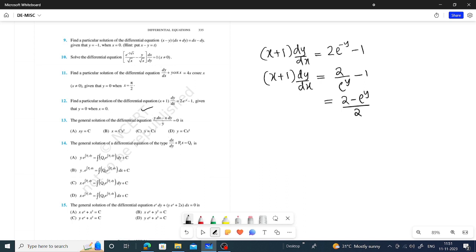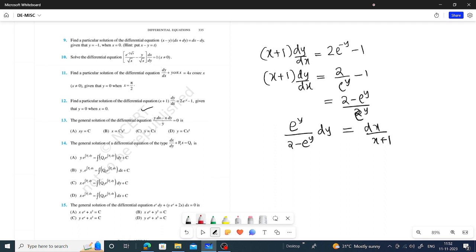So let us check the equation. You can see that x terms and y terms can be kept separately. So e raised to y by 2 minus e raised to y dy is equal to dx divided by x plus 1. So it is in the variable separable form.